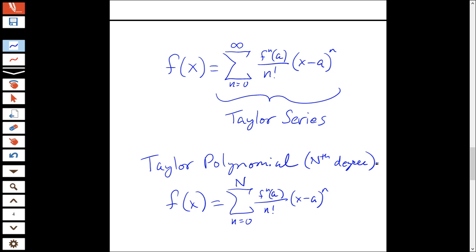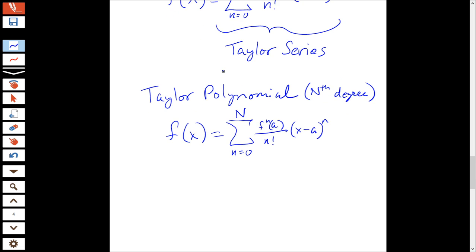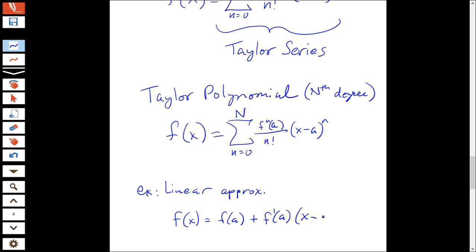All right. Just about Taylor polynomials, a linear approximation is really just a first degree Taylor polynomial, right? A linear approximation in general was like f of x is equal to f of a plus f prime of a, x minus a to the first, right?